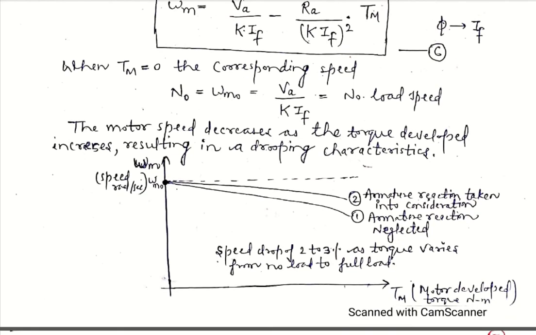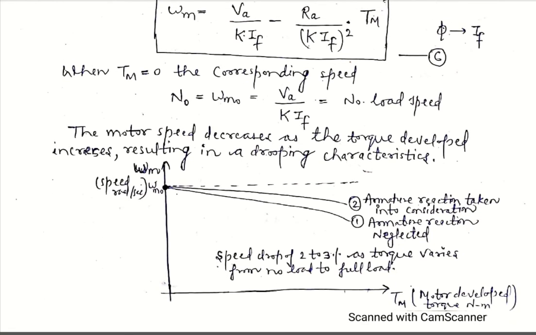So now we will see the speed torque characteristics: speed on the y-axis, torque on the x-axis. This is the no load speed on the y-axis, ωm naught, and this is just like a straight line having negative slope. The first characteristic is with armature reaction neglected, and the second is with armature reaction taken into consideration.